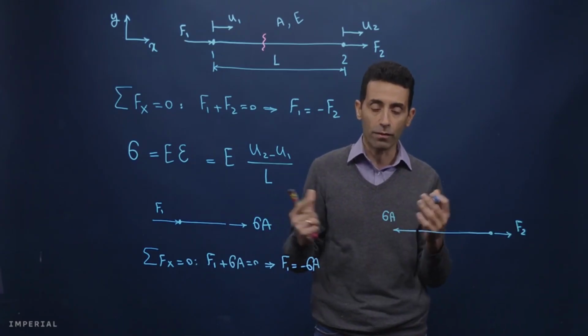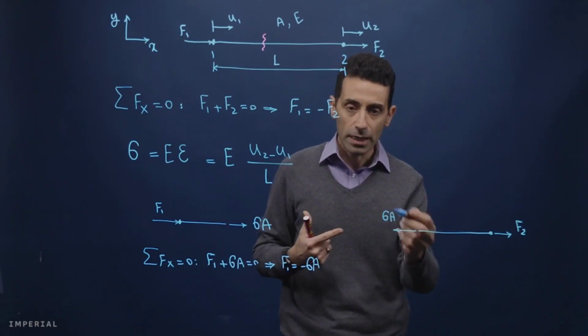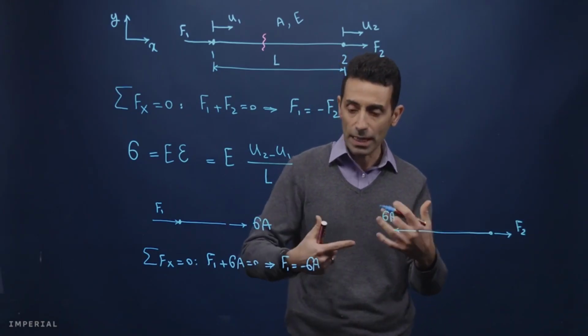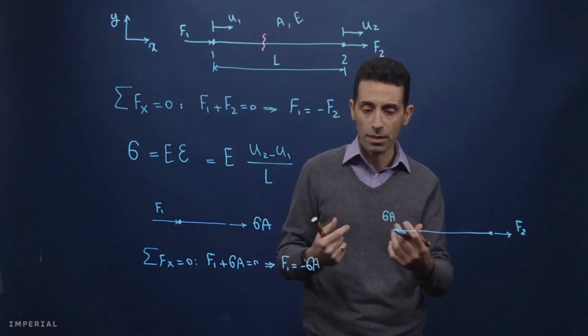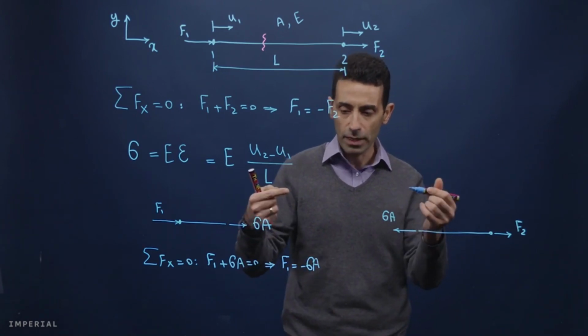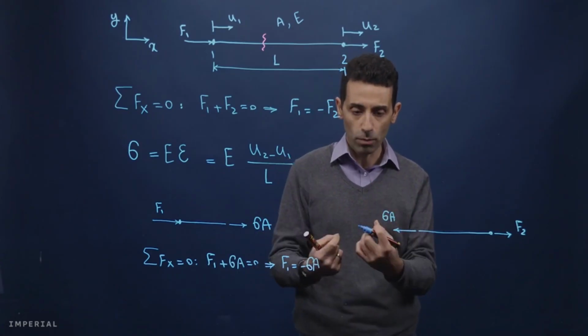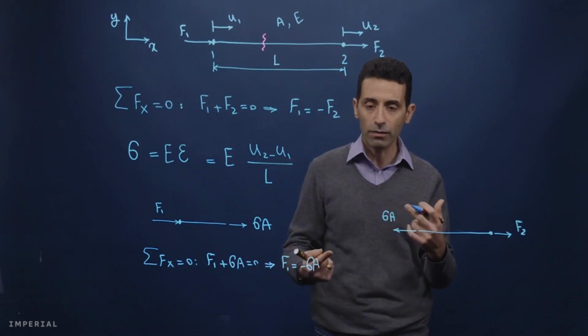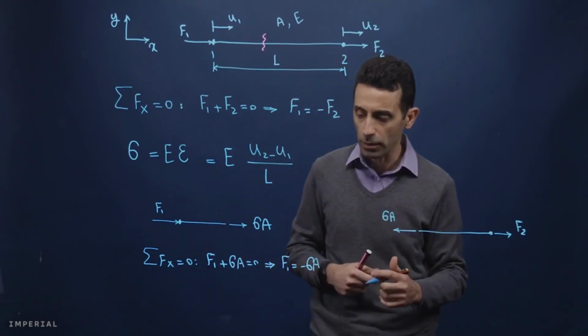That is the assumption. Of course, if the value is negative, it means then internal force is a compressive force and hence it is producing a compressive stress. All right, so this is not tensile anymore. But we assume that the internal stress is a tensile normal stress, and the sign eventually will tell us if the structure is in tension or in compression.